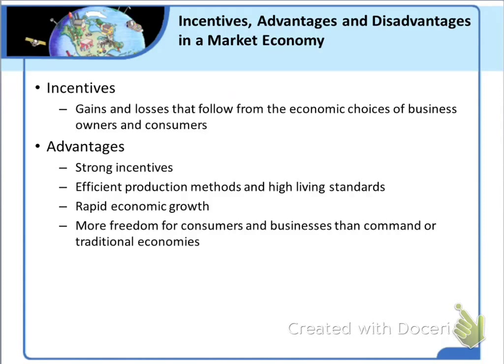Manufacturers that ship goods rapidly to stores will rapidly make more money than manufacturers that are slow to respond to orders. The prospect of financial rewards for satisfying the needs and wants of others keeps individuals and businesses on their toes and helps ensure that goods are available when people want them. The availability of desirable goods is one reason market economies create higher living standards than traditional economies or command economies.